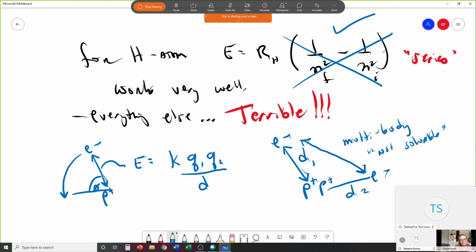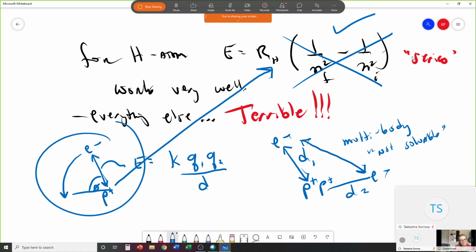Okay, so this is a lucky accident, which I don't really care a whole lot about, other than to say that it was the first equation that came out that actually described these line spectra. It fits very well, but it's only because of this guy over here.